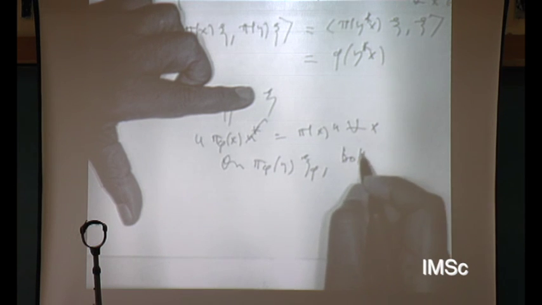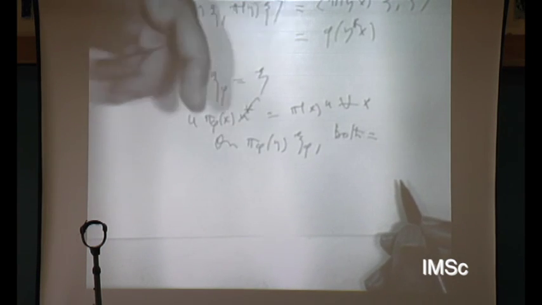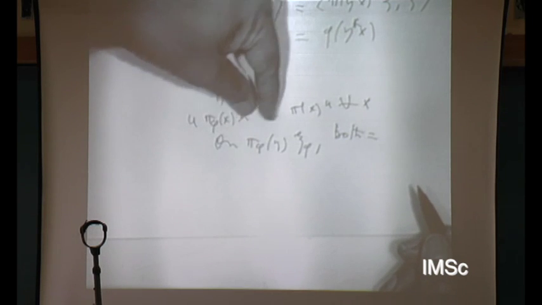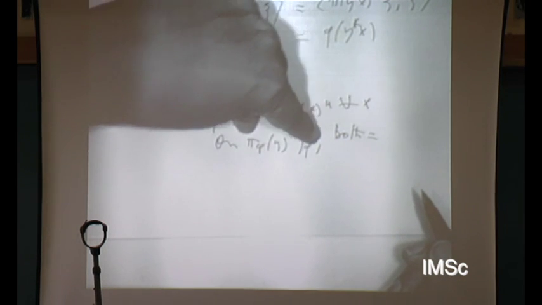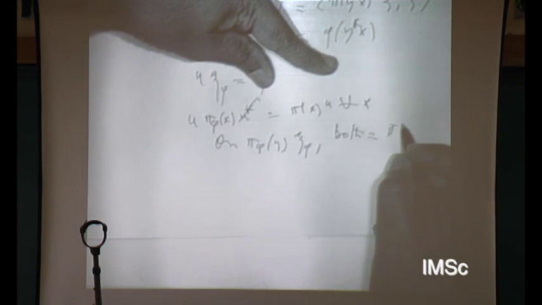Both sides will be equal to, what will you get? If you apply U to this thing, you will get just pi y xi, and then you get pi xy xi.